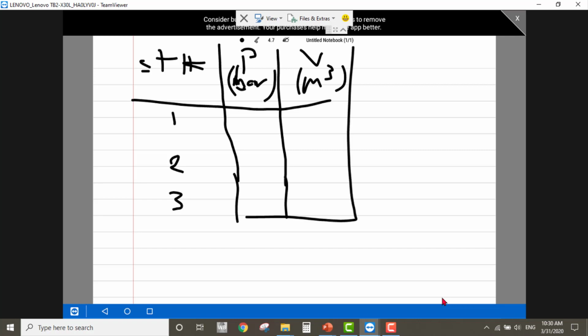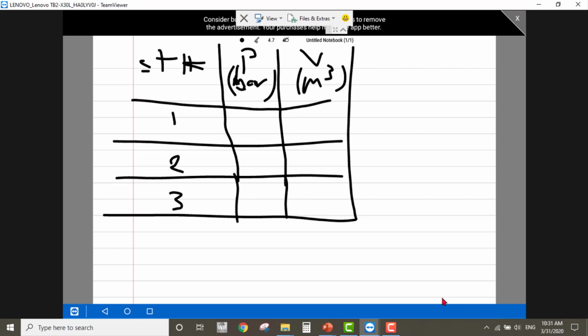We'll see if there is any missing information. State 1, pressure 1 is 5 bar. From process 1 to 2 we have constant pressure, so this is again 5 bar. From process 1 to 2 we have V1, which is 0.2, and V2 equal to 1 meter cube.